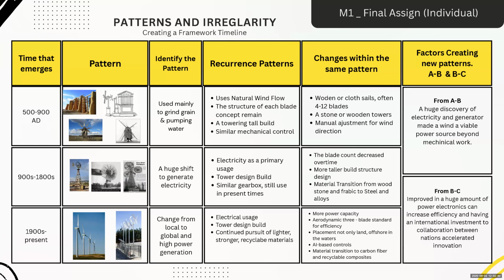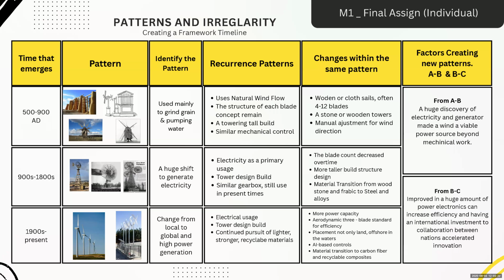They powered rural homes and farms before a widespread grid system existed. Here we see the first irregularity: a new purpose and new materials like steel and primitive control systems. The towers were short and the energy output was small, about 10 to 100 kilowatts.